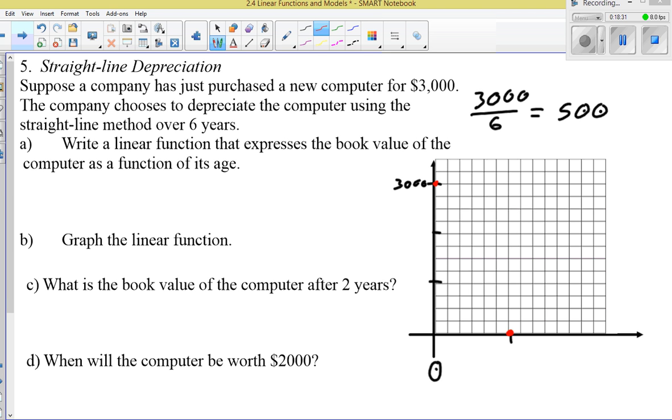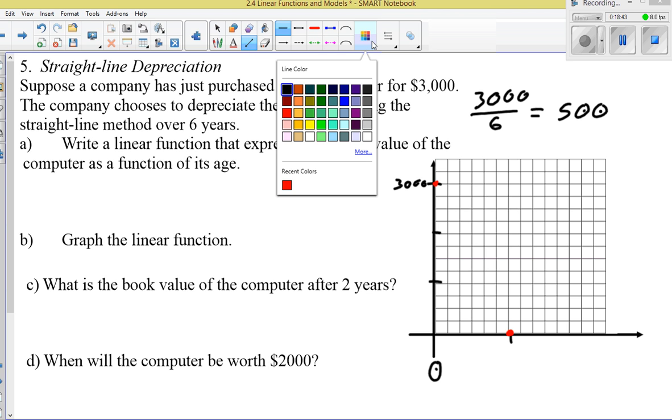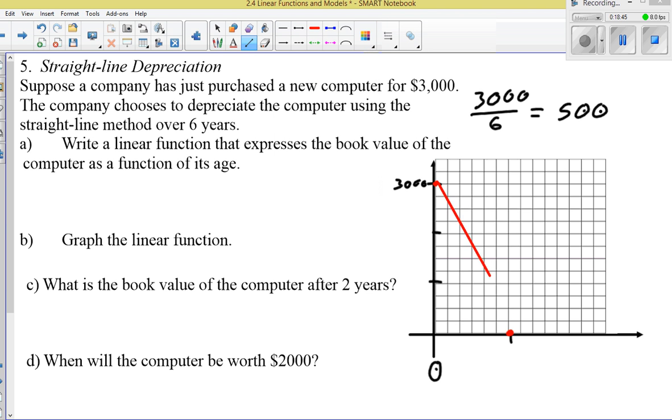0. If I want to write a linear function that expresses the book value of the computer as a function of its age, I want an equation of the line represented here. I can use those 2 points that I know. At time 0, it's 3,000, and at time 6, it's equal to 0.